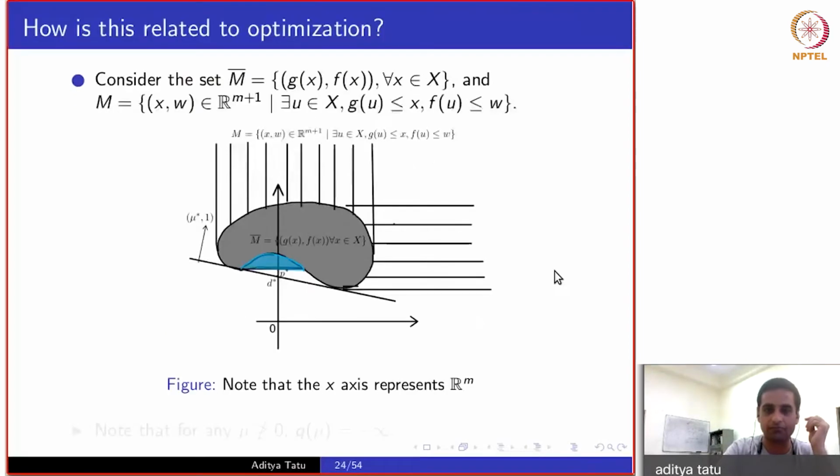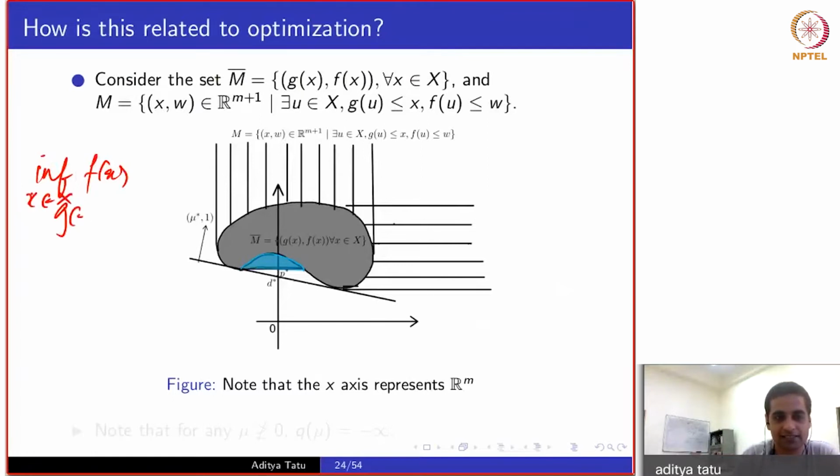Now the question is, how is this related to optimization, right? Let's bring it back to where we started. So remember the optimization problem was, if we write it, x is in X such that g(x) is less than or equal to 0.